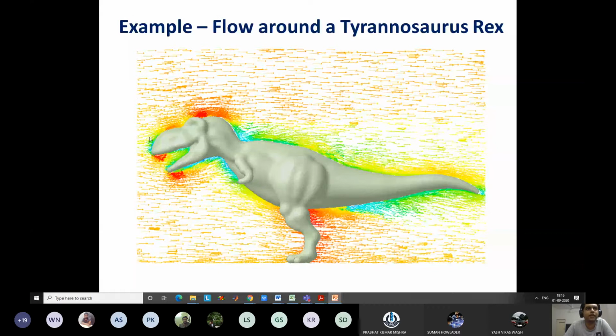If it is too close, like in this case, what will happen? You will see that the vectors near here are not exactly 10 meter per second. We are forcing the velocity to be 10 meter per second on the left side, but suddenly they have to change to some other values because they find an obstruction in front. So our boundary condition is not accurate in this case.